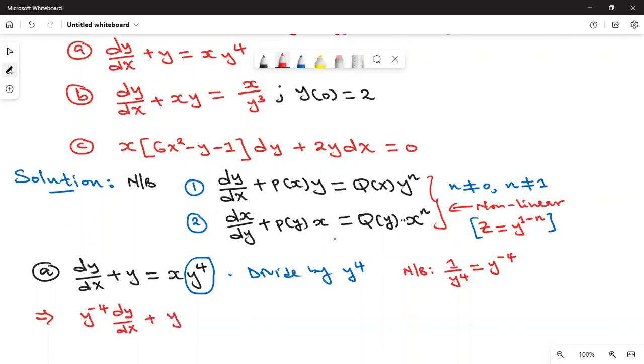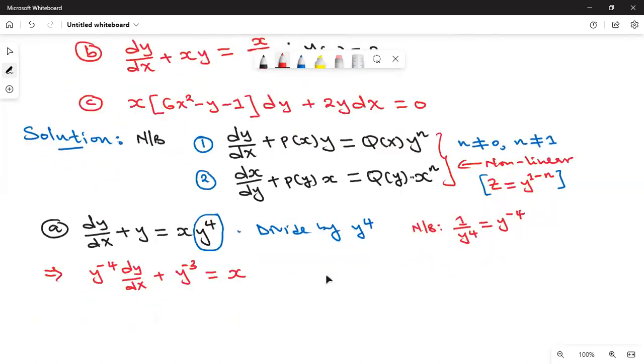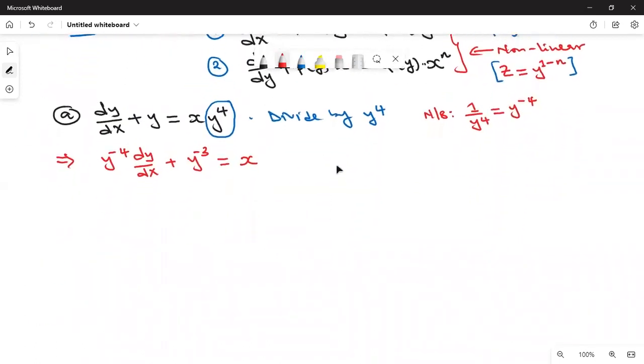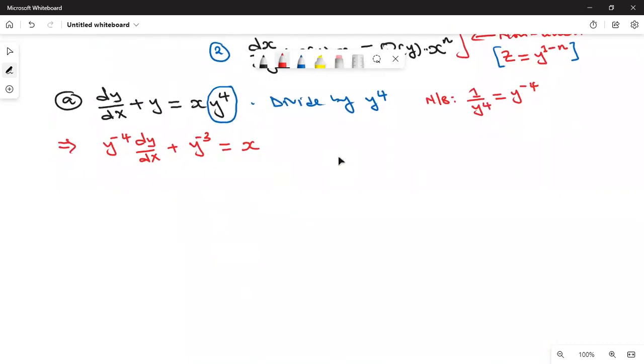That will give us y raised to negative 3, is equal to x. Y raised to negative 4 times y raised to 4 is 1, so x times 1 is just x. So I've divided by y raised to 4, or you can also say that we have multiplied by y raised to negative 4. Now, once you are here, we are going to replace this one by z.